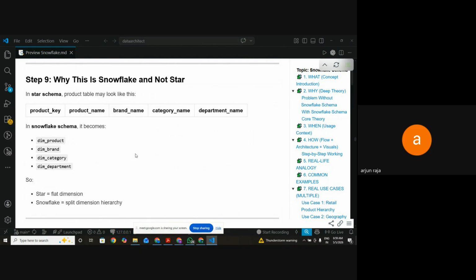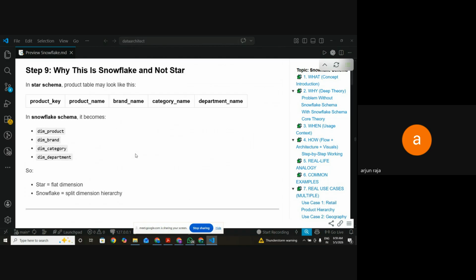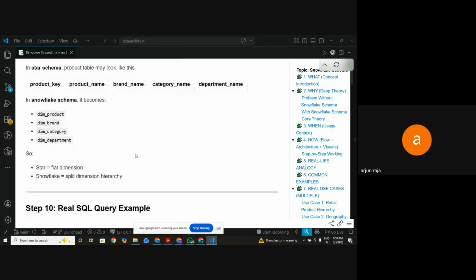Each column is becoming one dimension table. Product name and product key go into the product dimension. So star is equal to flat dimension, snowflake is equal to split dimension hierarchy.